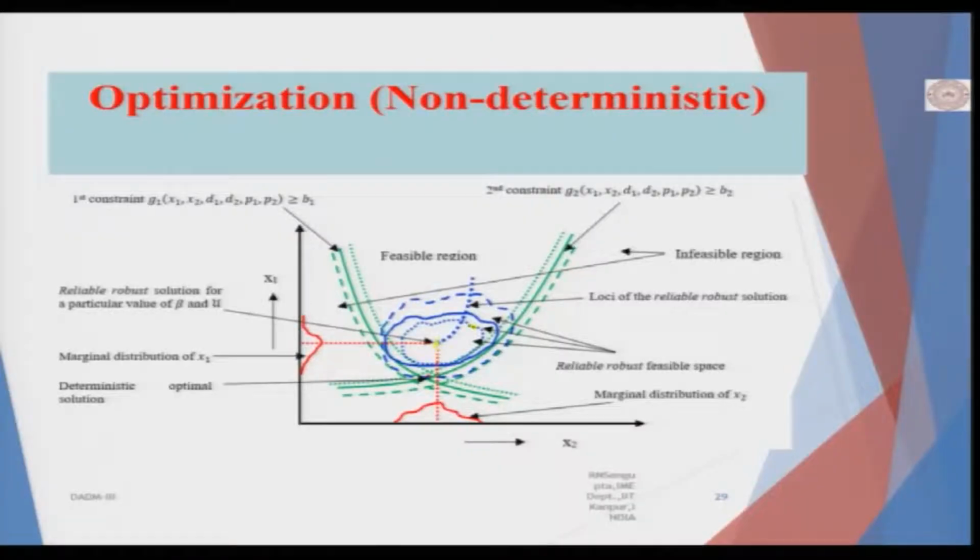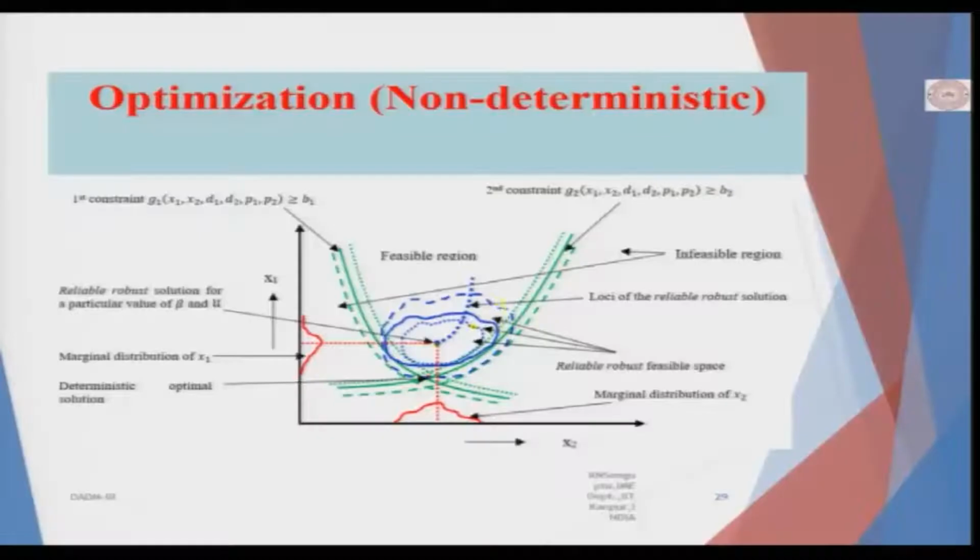So, the blue one is the center of gravity, and as I increase and decrease my level of reliability, or as the perturbations increase and decrease the movement of the first and second constraints, the deterministic part would be far wider inside the feasible region and outside it, but obviously we will keep our discussion limited to the feasible region.